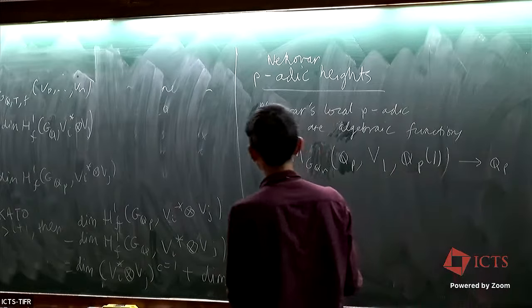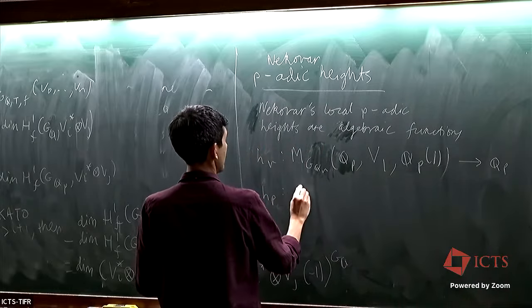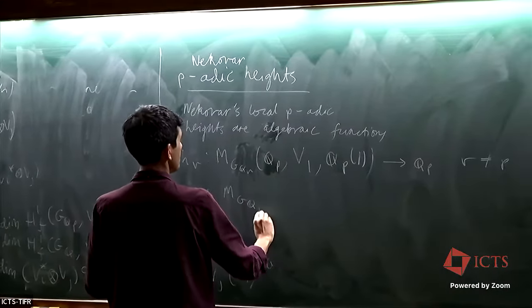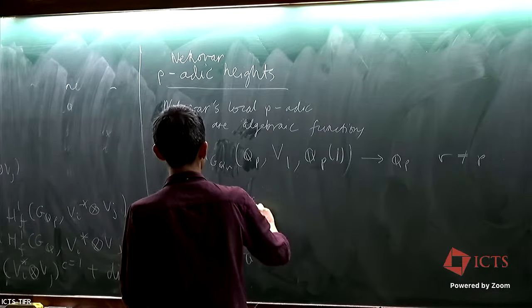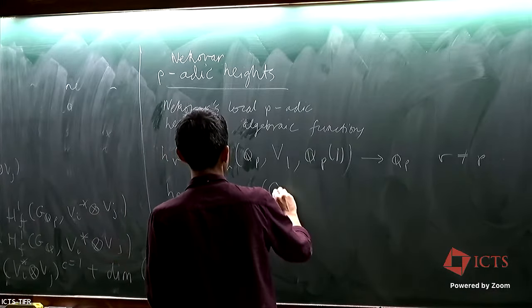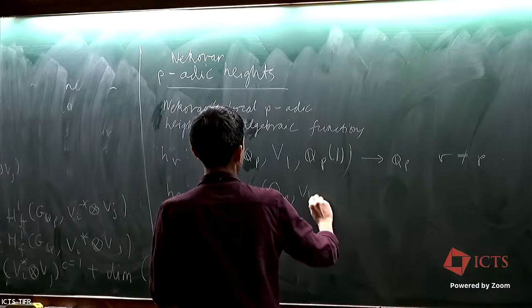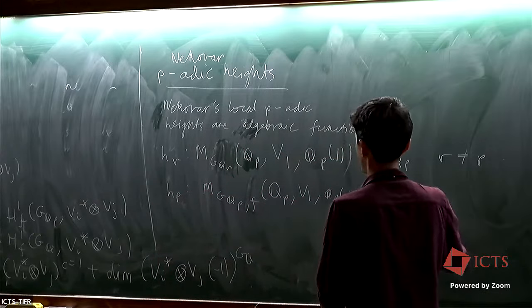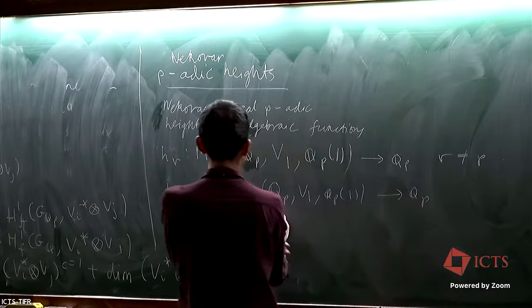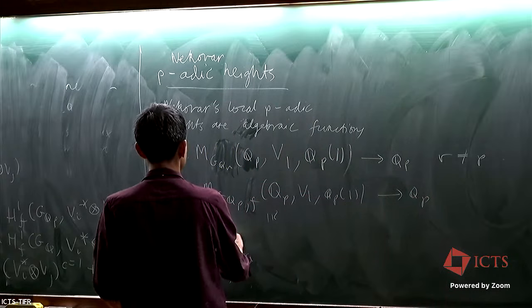And when v equals p, it's an algebraic function h_p on M(G_{Q_p}), where we impose that they're crystalline. He also does a semi-stable version, but we'll get into that. Remember, this is the same as mixed extensions of filtered phi-modules.